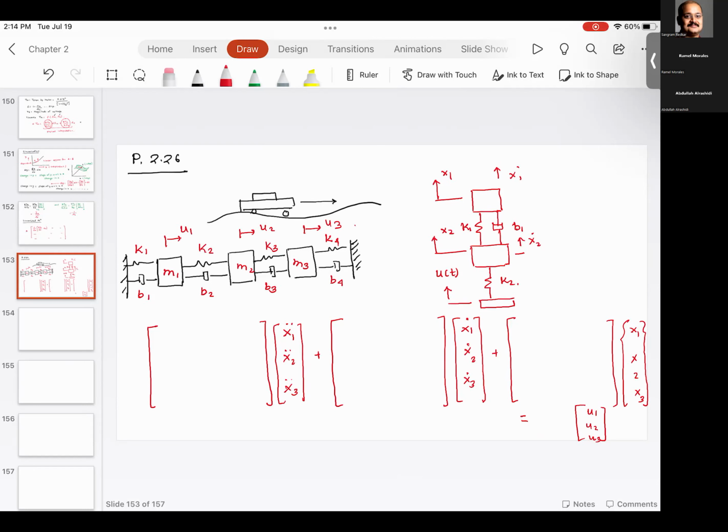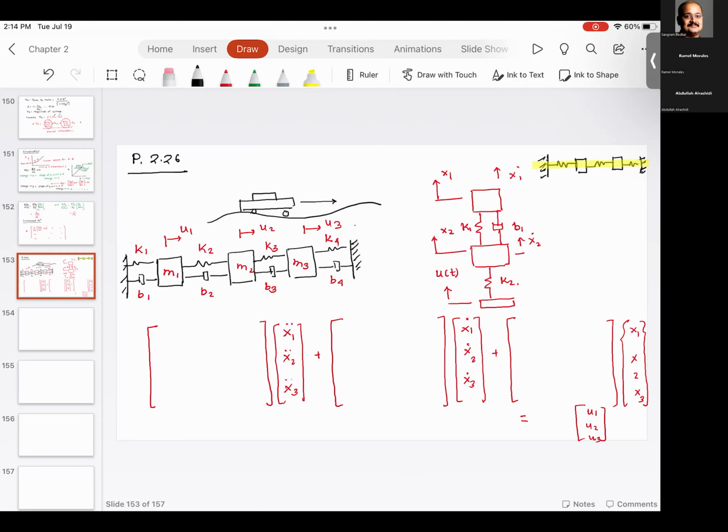Can you see the pattern in the equation that I wrote a couple of classes ago? I remember I solved this problem. Remember this problem?